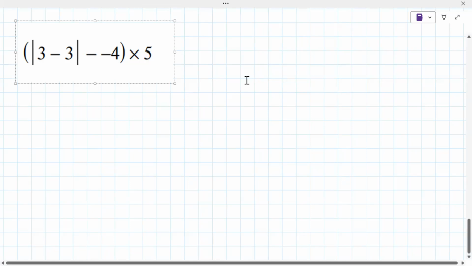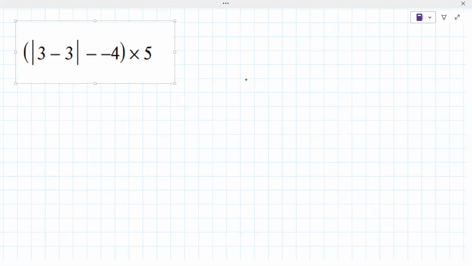Would it be 20? It is 20. Yeah, very good. Okay, so I definitely feel like you're getting it. The next type of problems for us to look at are like substitution problems.